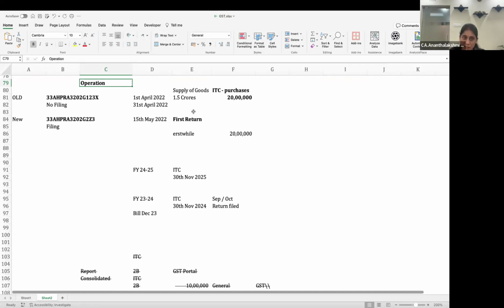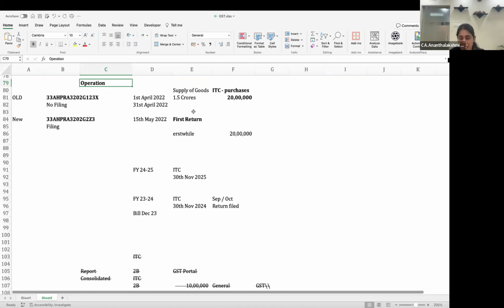It is a responsibility. They didn't say that if it is a nil return, there is no operation, no need to file the return. The operation may not be here today, but it could happen tomorrow. So whether it is a nil return or not, it is the responsibility of the RP to obtain the GSTN number, sir.